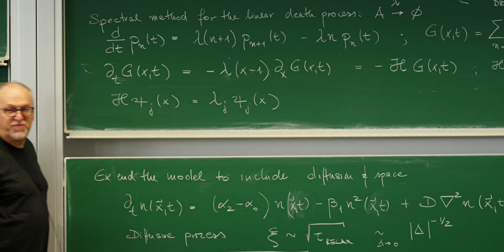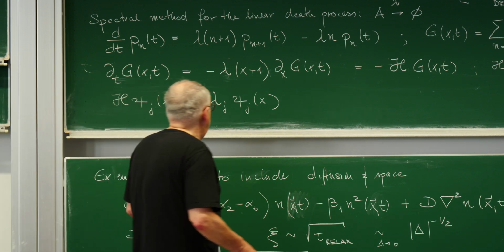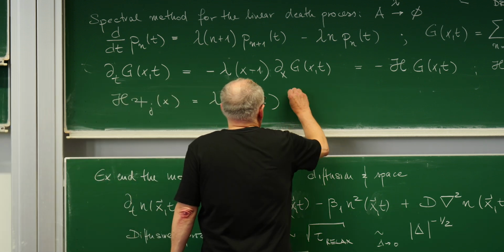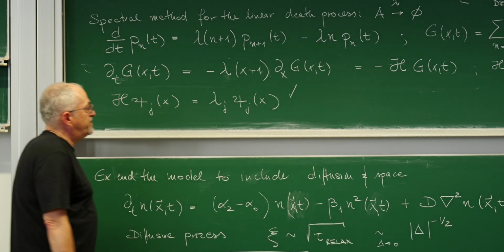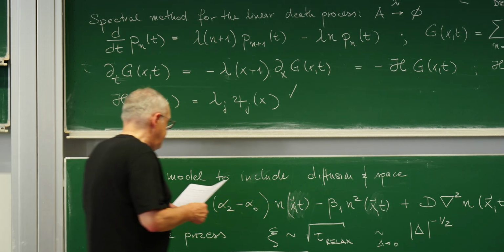That's my eigenvalue problem. And of course, I have to now calculate the eigenvalues. I have to calculate the eigenvectors. I'm going to show you how that works. But for now, let's just say we have that. So let's say we know that there are these eigenvalues and eigenvectors.